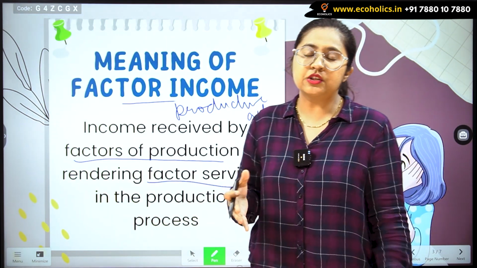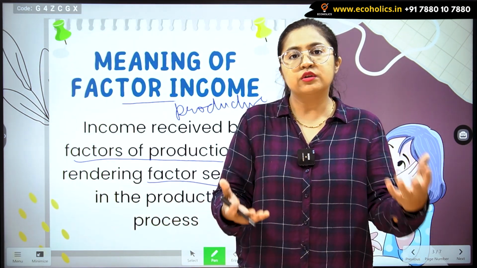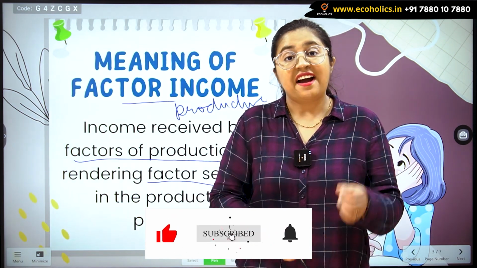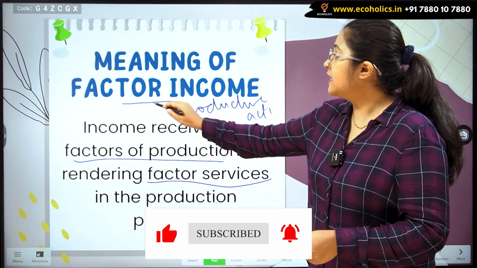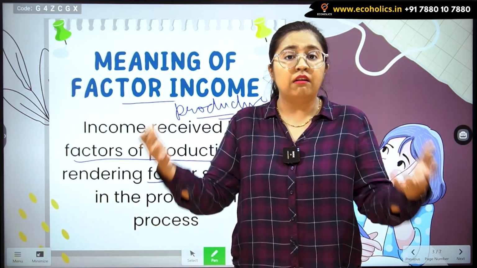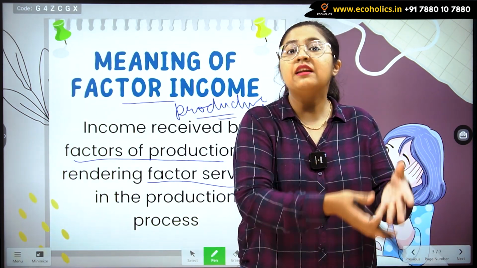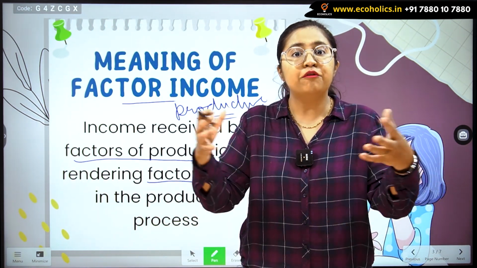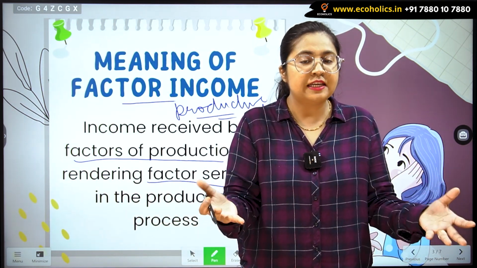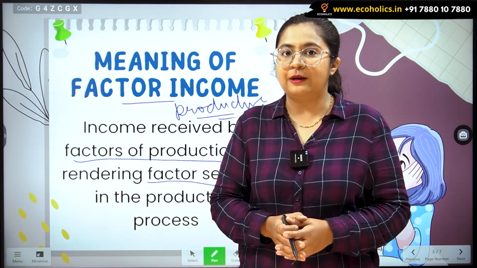And in economics, productive activity means the production of goods and services within a stipulated time period in an economy, which is why this is related to productivity. It is earned because some commodity or service has been produced, and there is some formation of capital and productivity in the economy, and that's how we receive the factor income.